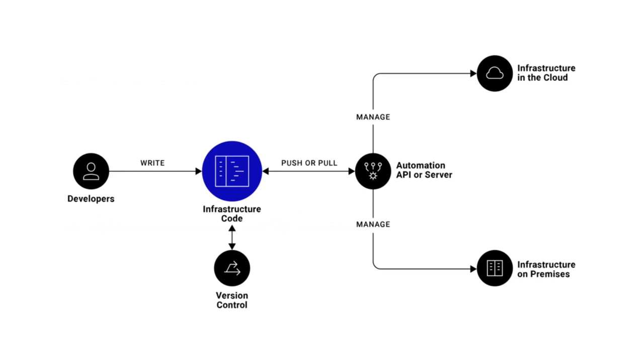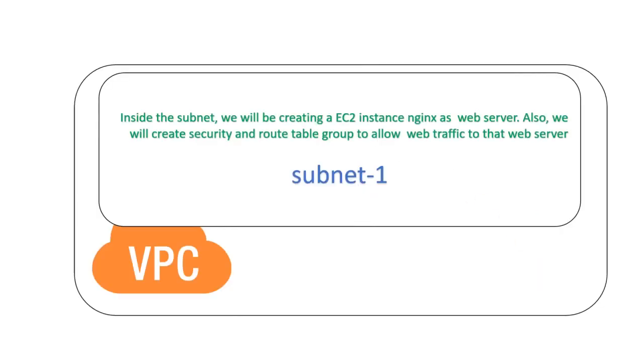Then let us look at this diagram. In this diagram, after we write our infrastructure code, HCL code, or JSON file, we push it to our infrastructure, either in cloud or on-premises, through the automation API. In this video, we are going to create a VPC in our AWS cloud.